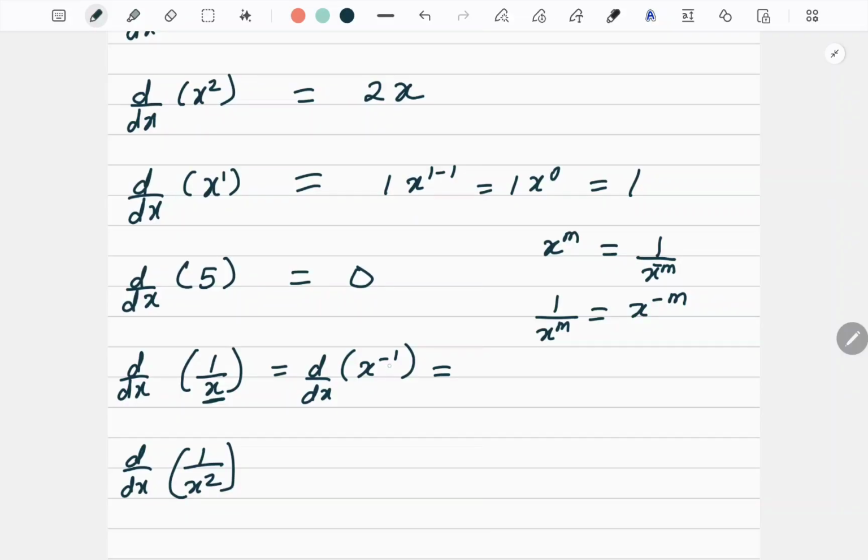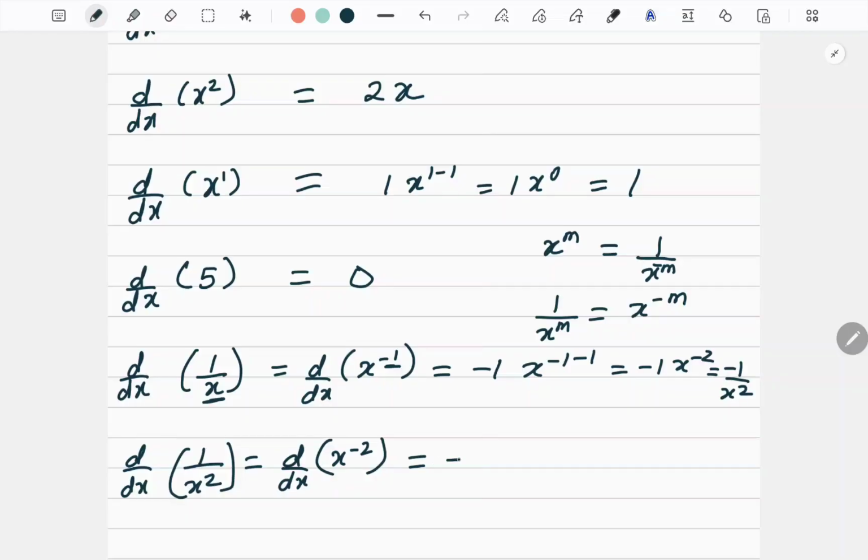So now apply the formula. This minus 1 should come in front, and x to the power minus 1 minus 1. So minus 1 x to the power minus 2, which is equal to minus 1 by x square. See, again the power is negative, so I can get it down, it becomes positive. Same way, this one I can write as d by dx of x to the power minus 2.